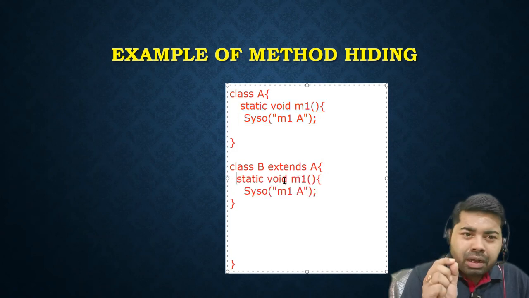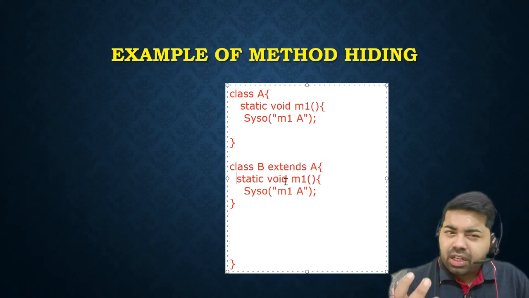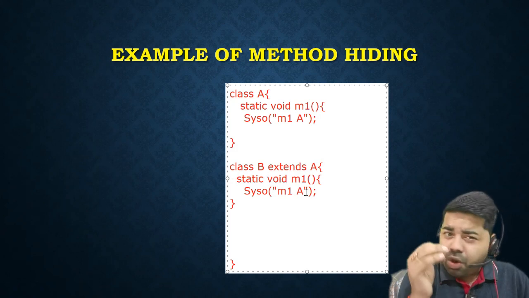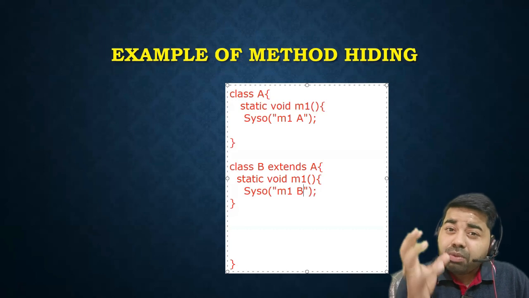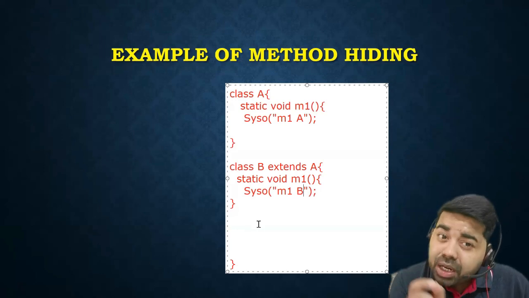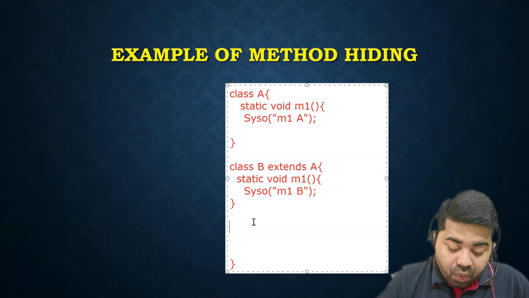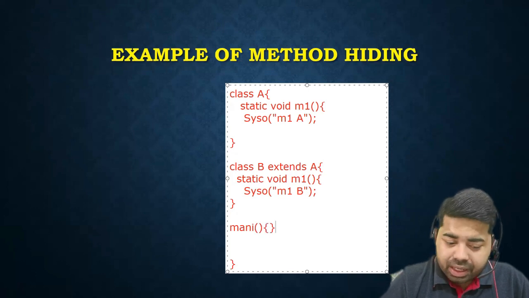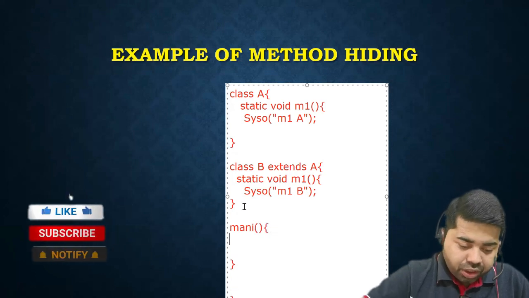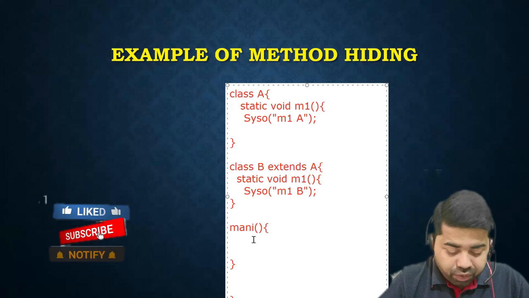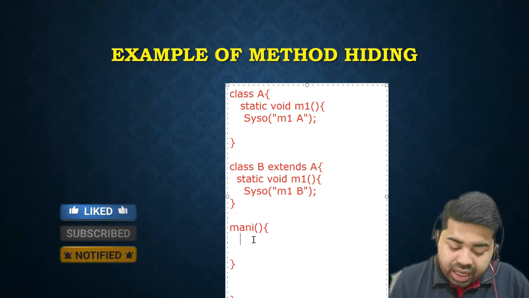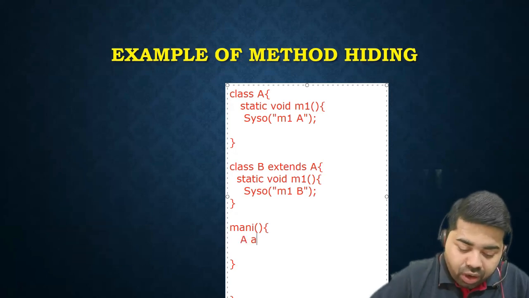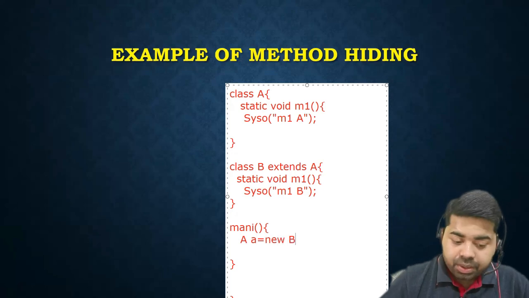If you are watching my Java series, in the overriding concept I have already explained: overriding will execute based on what type of object you are holding, but method hiding will execute based on what type of class reference variable we have. Suppose we have a superclass reference A, and here we are holding an object of B. If you call a.m1, then what happens here?